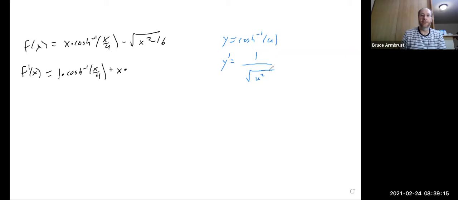We're going to make it a u, though. So it was 1 over the square root of u squared minus 1. We're going to do that, except we have to put in x over 4 for u. So we're going to have 1 over the square root of x over 4 squared minus 1. But then we need one more piece here. What else do we still need for this derivative?